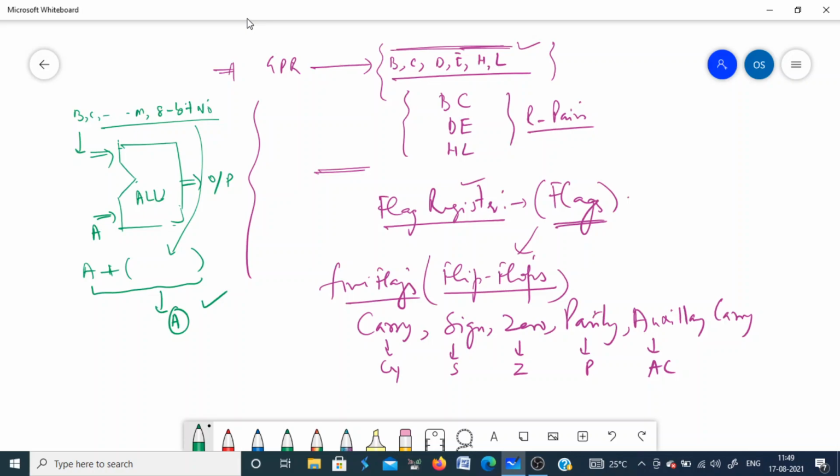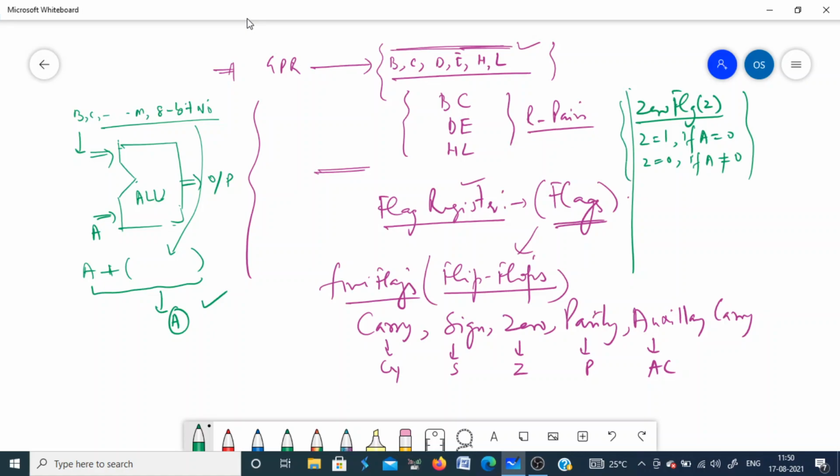Suppose you say zero flag. It is set if the result in the accumulator is 0, and it is reset if the result in the accumulator is not 0. It means Z will be equal to 1 if the contents of A are 0, and Z is equal to 0 if A is not equal to 0.